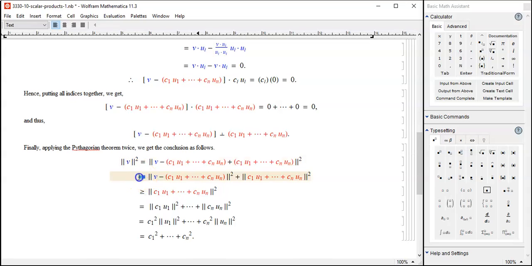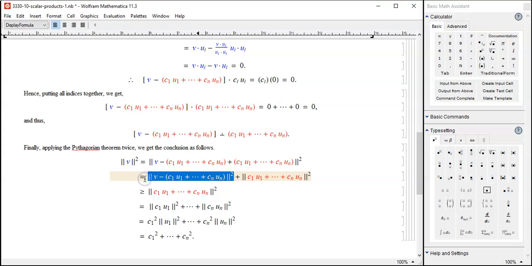This equality comes from Pythagorean, and that works only because we have the orthogonality.